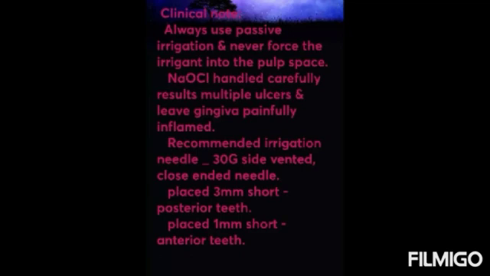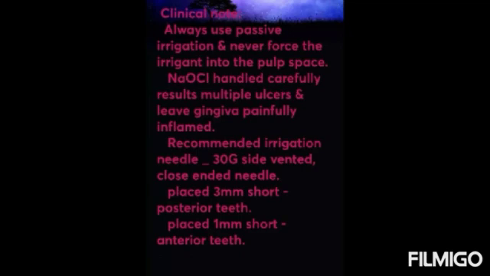It is very important, so we have to check the rubber dam isolation. The recommended endodontic irrigation needle is a 30 gauge side-vented close-ended needle, passively placed 3 mm short of the working length in posterior teeth and 1 mm short of the working length in anterior teeth.